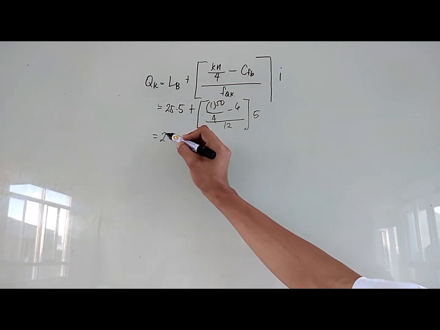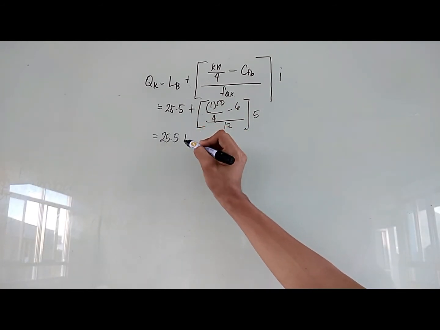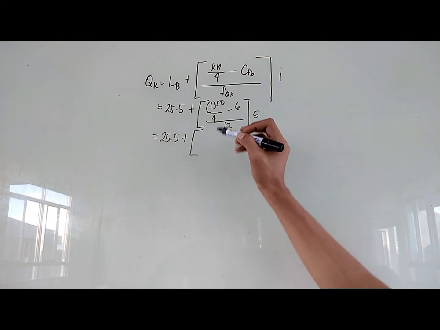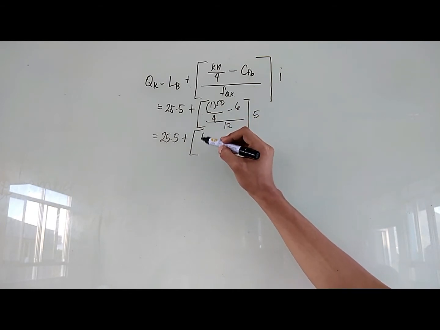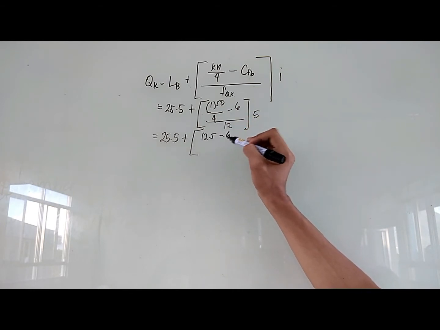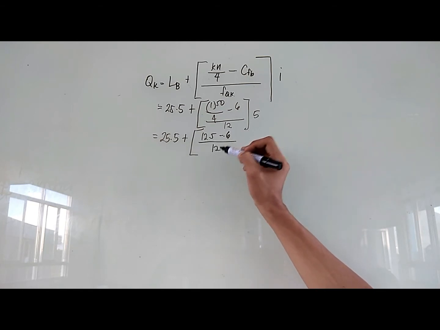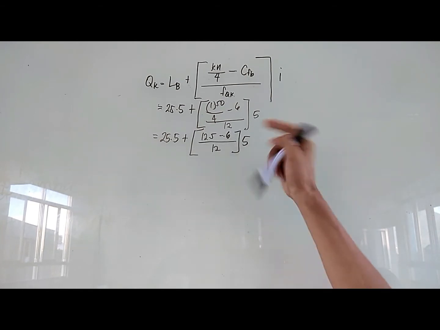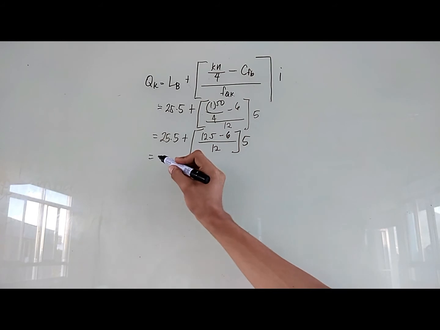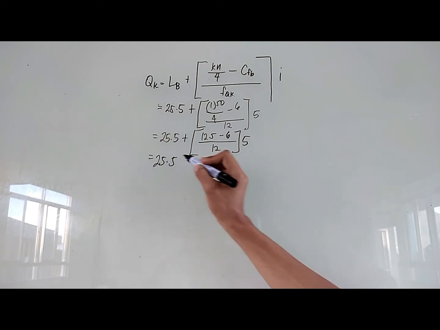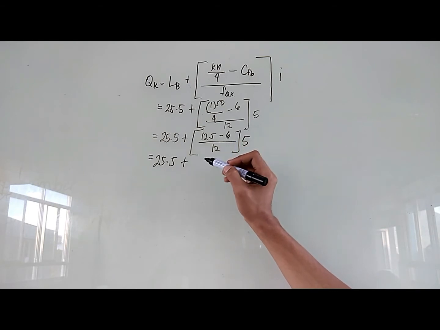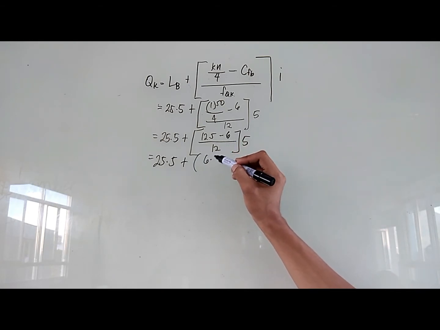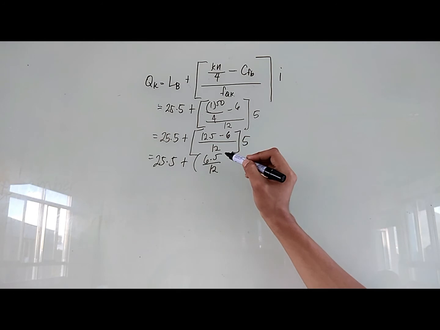Q1 is equal to 25.5 plus the quantity of 1 times 50 divided by 4, which is equal to 12.5, minus 6, divided by 12, multiplied by 5. Q1 is equal to 25.5 plus 12.5 minus 6, which is equal to 6.5, divided by 12, multiplied by 5.